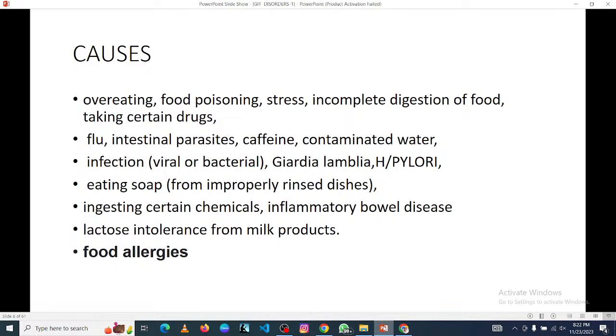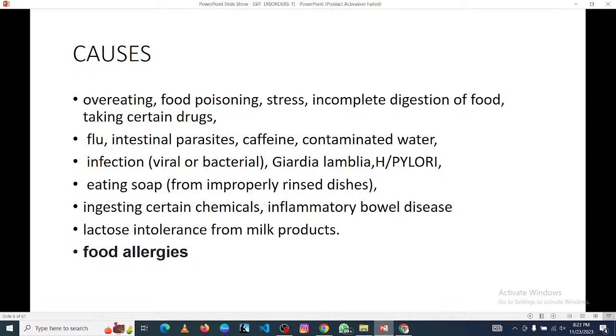So what are some of the causes? Overeating, food poisoning, stress, incomplete digestion of food, and certain drugs could at times cause it. We have bacteria, that's the flus. Intestinal parasites would as well cause it.